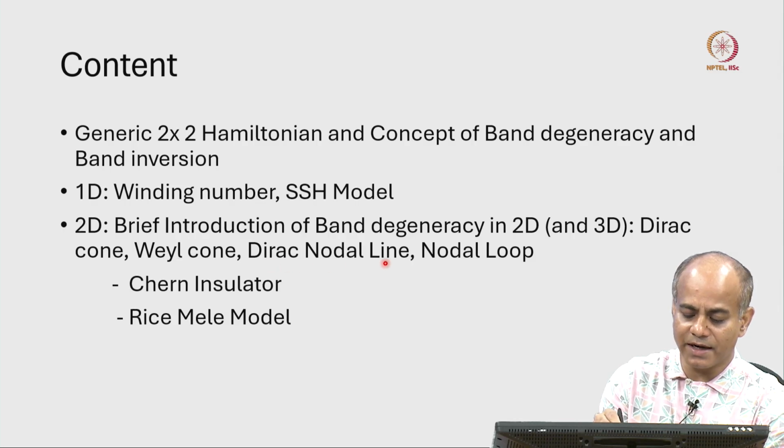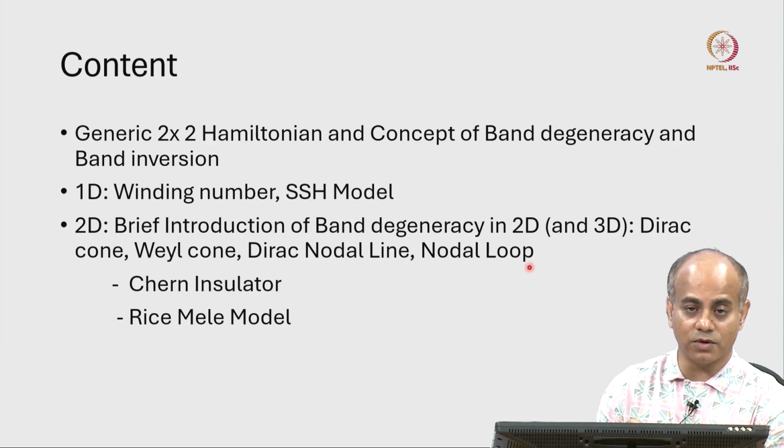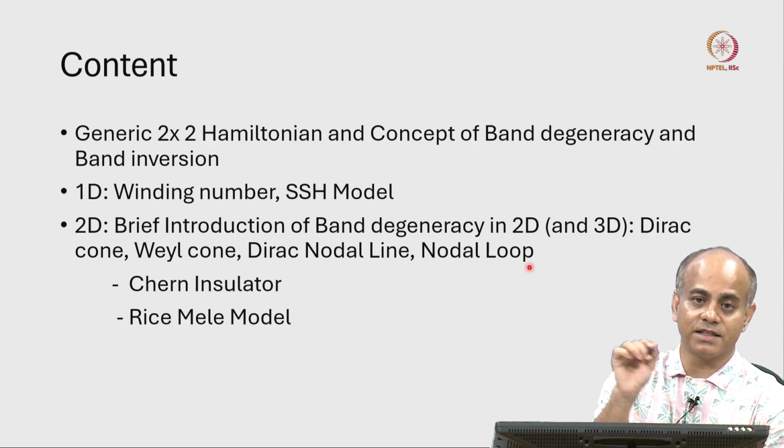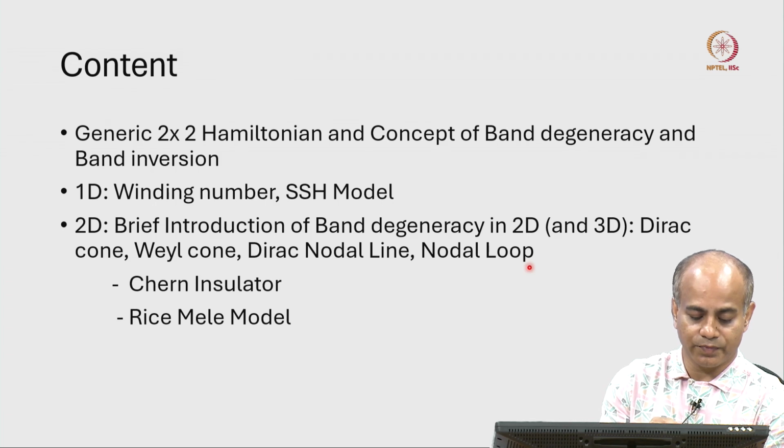And also when the band degeneracy happens in a contour or lines in 2 dimension or maybe 3 dimension also a little bit, and also nodal loop, again the band degeneracy is happening in a contour.